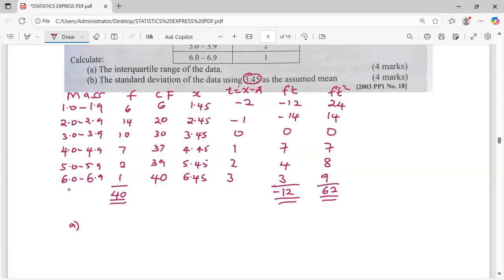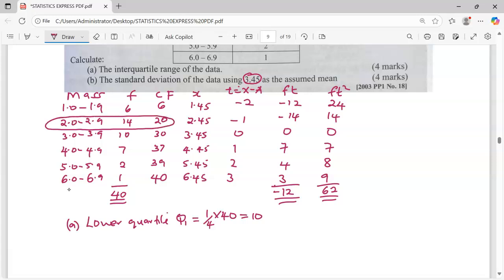So the first part of this question, we need the lower quartile, which is denoted by Q1. And to get where the lower quartile lies, it is usually a quarter of the total, which is 40, and that gives us 10. So if you look at the cumulative frequency, our lower quartile is going to lie in this class here.